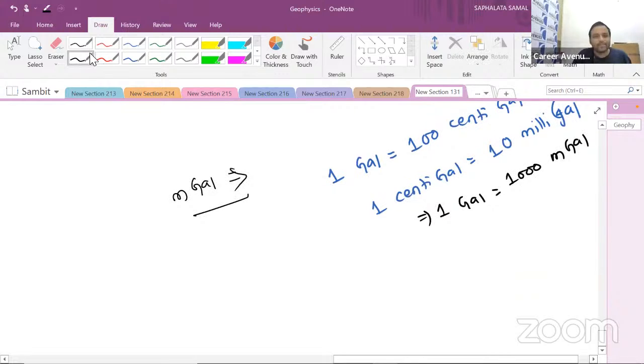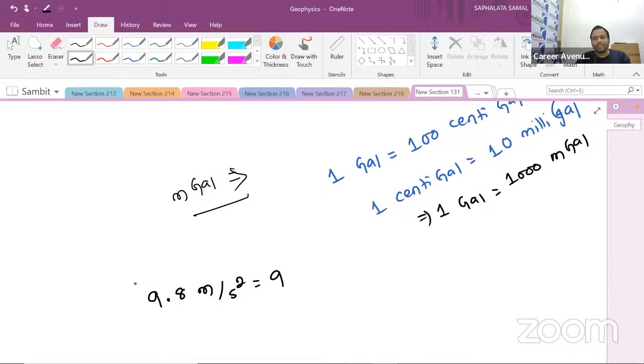That means if I want to find out how much milligal of acceleration due to gravity an object faces on the earth, you know the value, it is 9.8 meter per second square. We just found out 980 gal. 980 gal means 980 into 1000 milligal. Gal is named after the scientist Galileo.